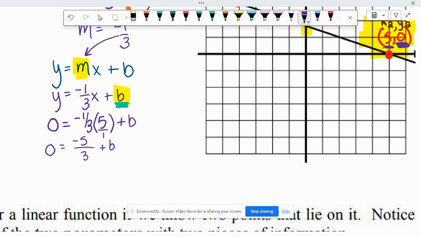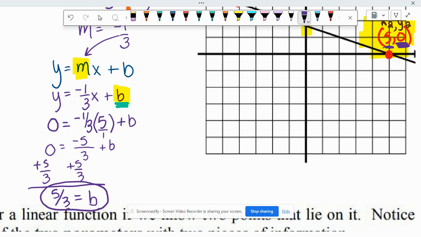How do I get b all by itself? Yeah, it's actually a negative, so I'm going to add it to both sides. So I'm going to add 5/3 here, and I'm going to add 5/3 here. So when I do that, I find out that b equals 5/3.